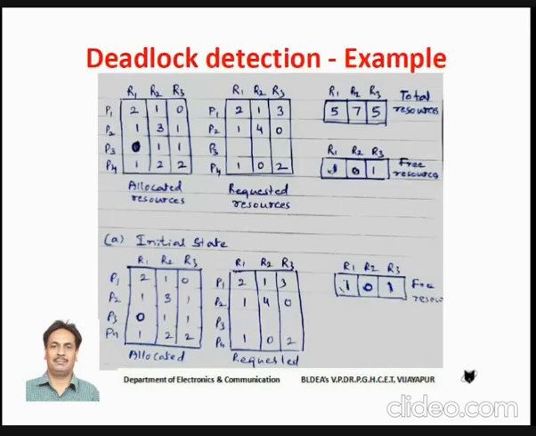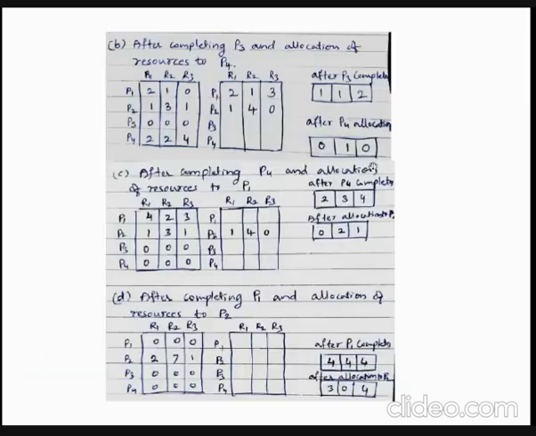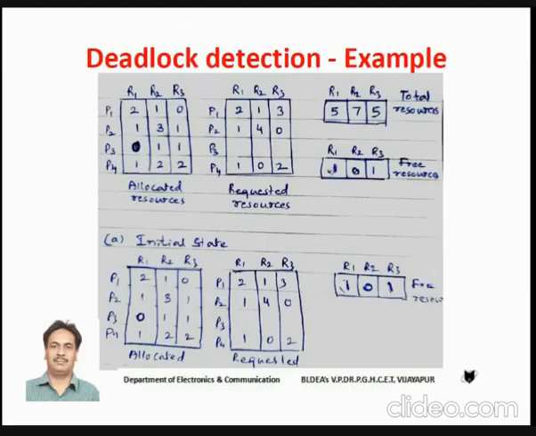So now we assume that P4 can be taken for execution, and once we allocate the resources to P4, the free resources will change again, right? Because for P4 the requirement was 1, 0, 2.